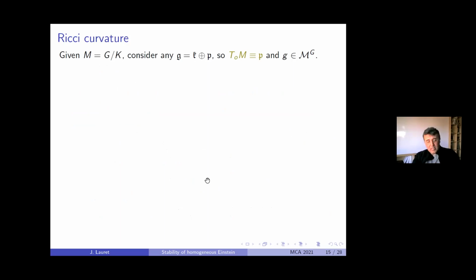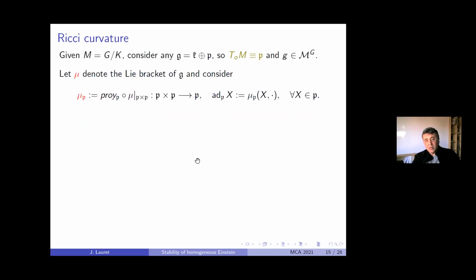So the Ricci curvature in this G-invariant case, as expected, you can give a formula for the Ricci operator in algebraic terms. And the formula is as follows. You take what is called a reductive decomposition.